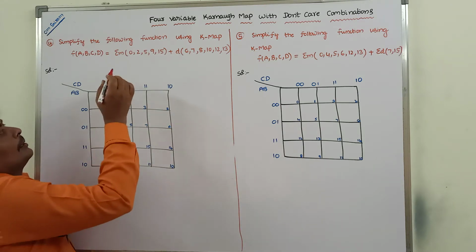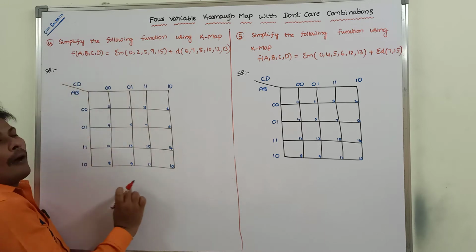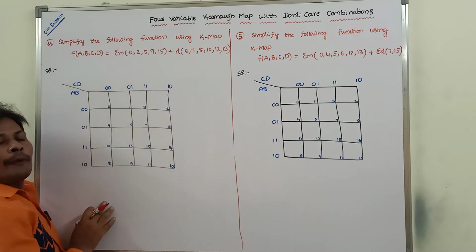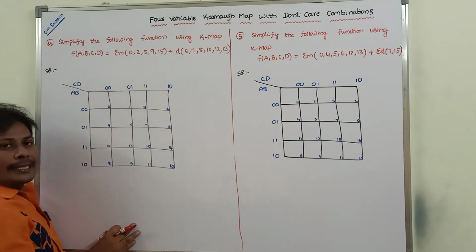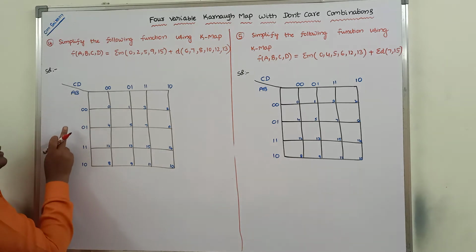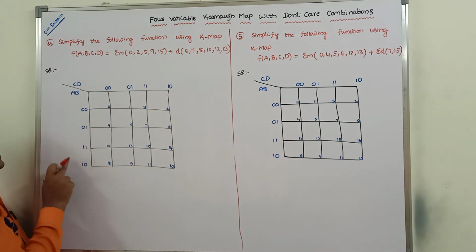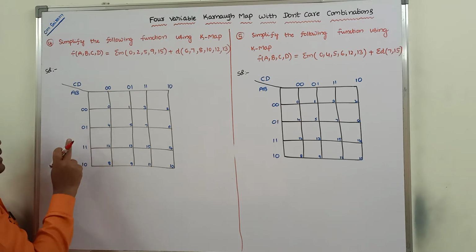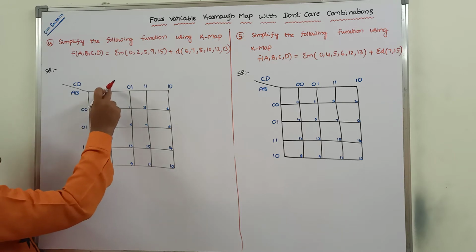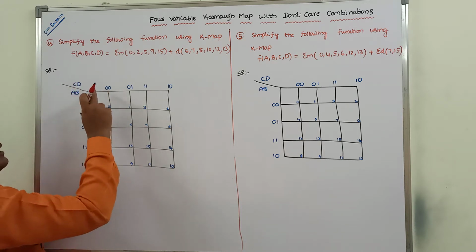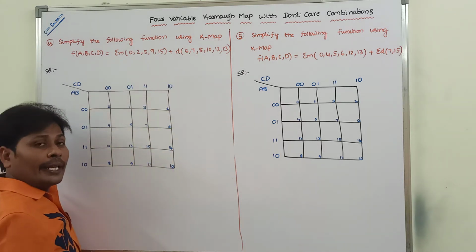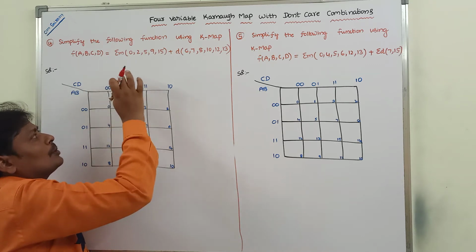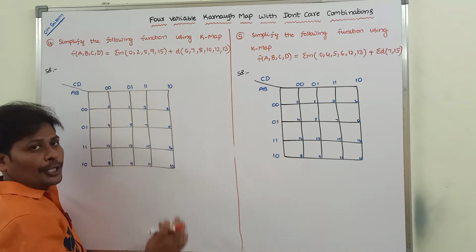First I am taking a 4 variable Karnaugh map. This is the structure of the 4 variable Karnaugh map. Row wise I am taking AB, column wise I am taking CD. Here these 2 variables can take 4 combinations, which can be written in gray code form 00, 01, 11, 10. Here also these 2 variables can take 4 possible values, written in gray code 00, 01, 11, 10.